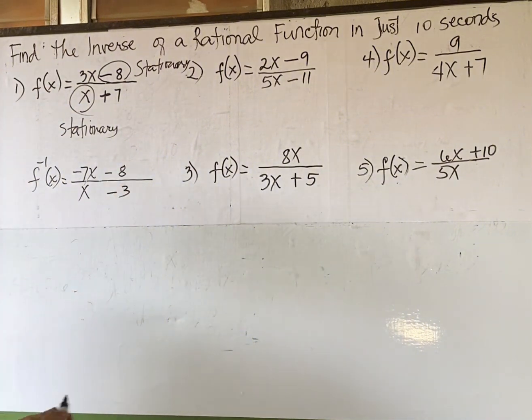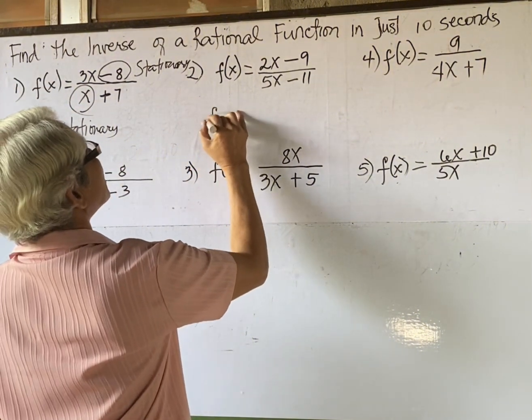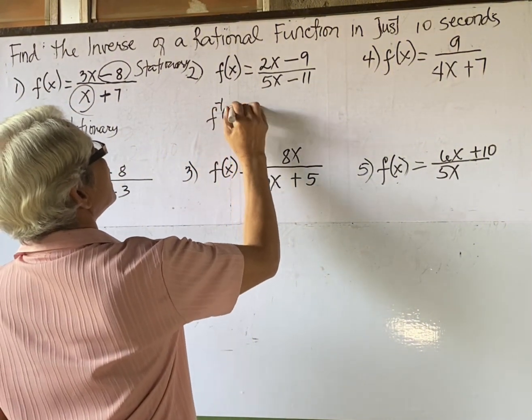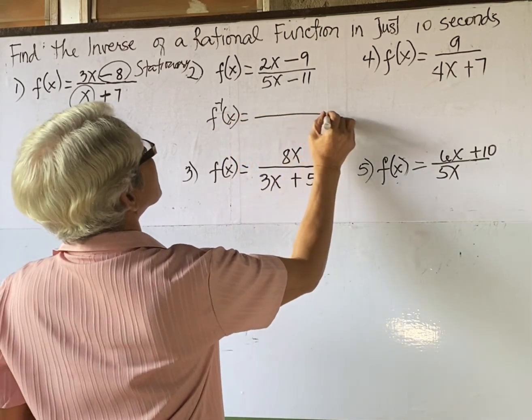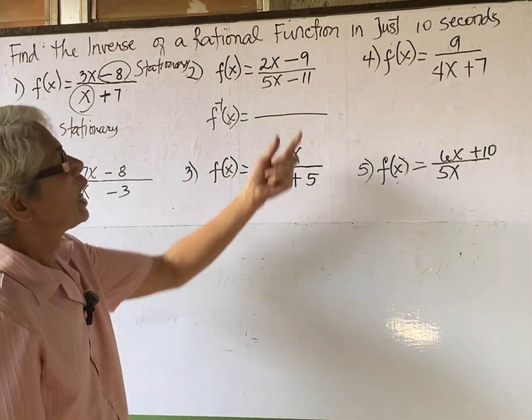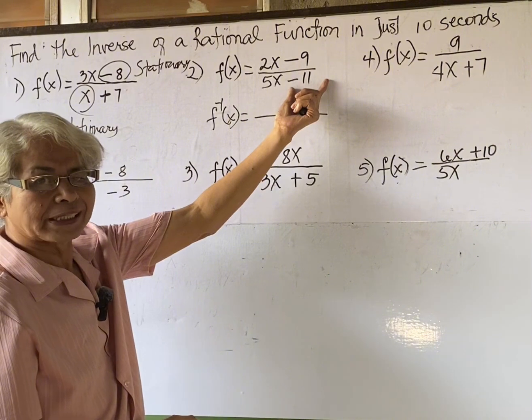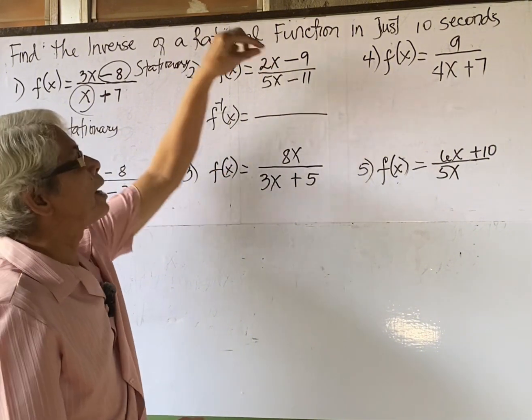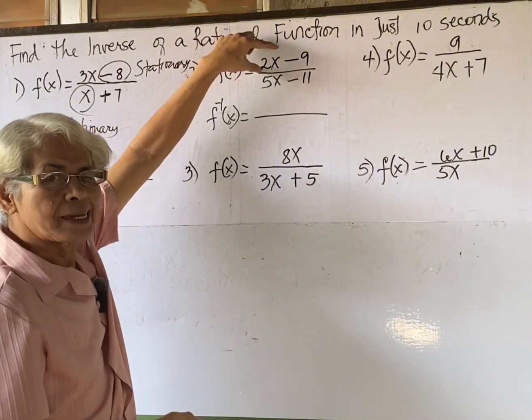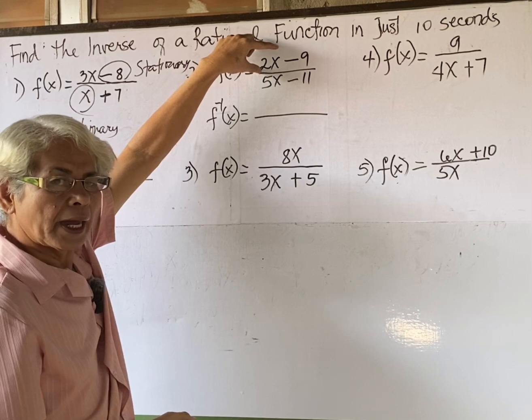Okay, let us do another one. Again, the constant term in the denominator will be swapped to the linear term in the numerator.